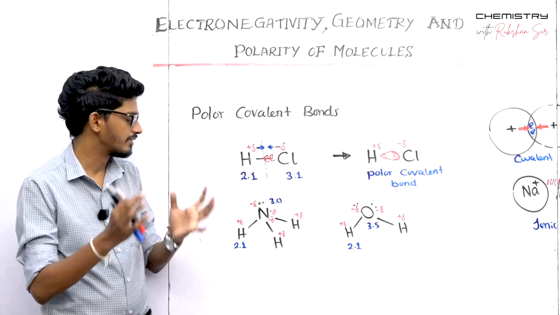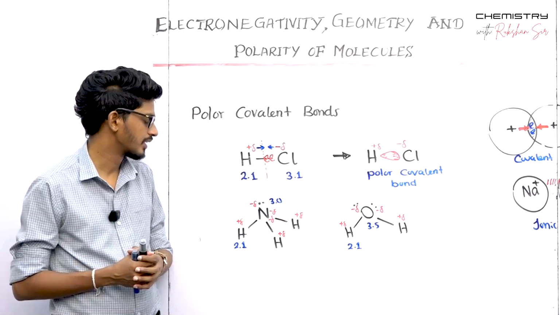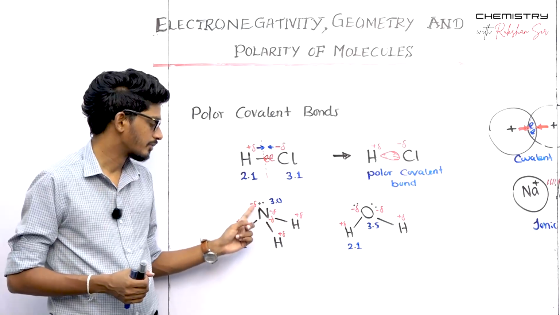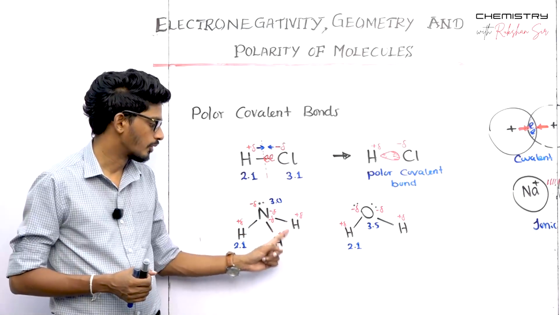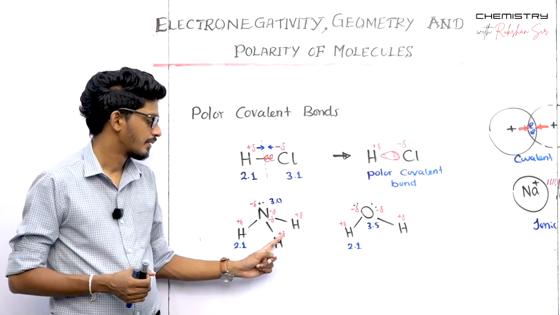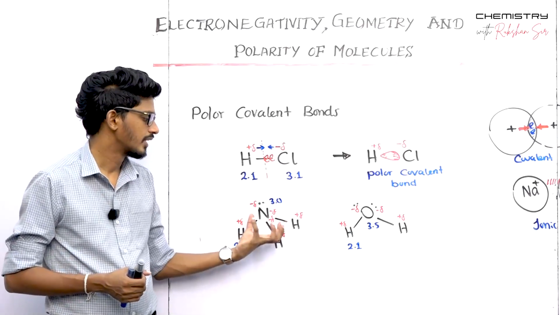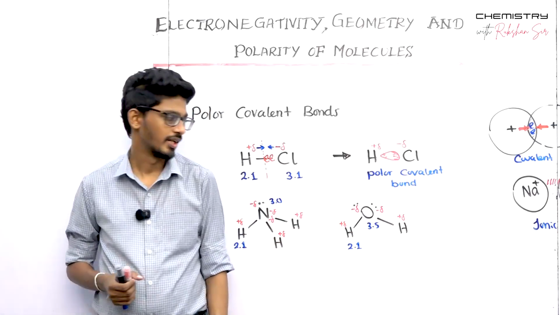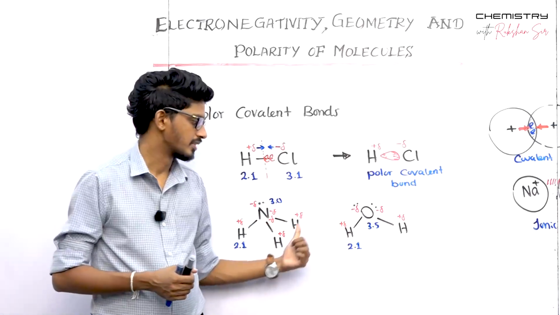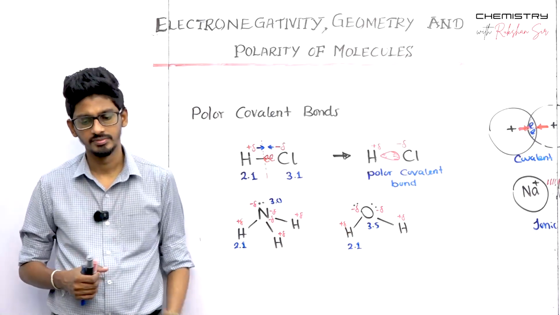Basically, when we are denoting polar covalent bonds, the electronegative atom gets a negative charge while the electropositive atom, or the least electronegative atom, will get a positive delta. That is how a polar covalent bond will be marked. So you can draw these two pictures as well at the second space.